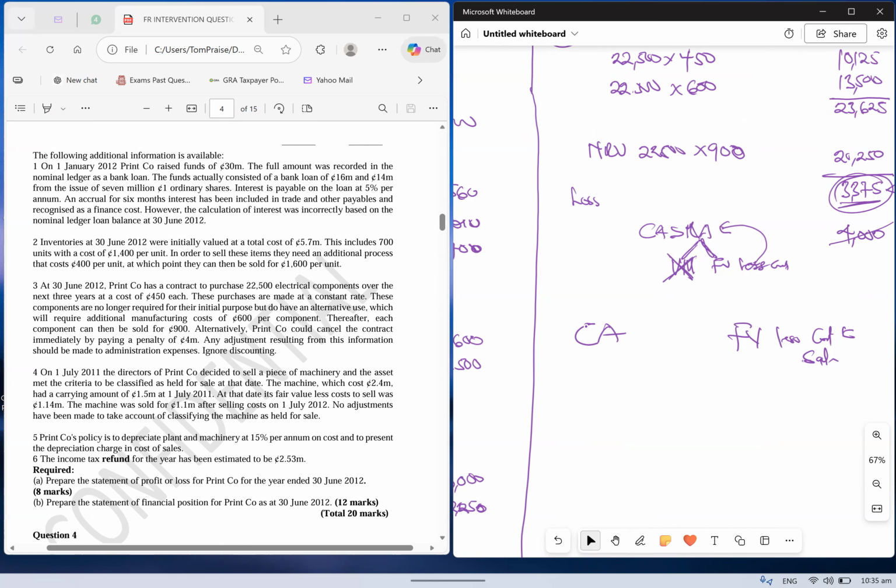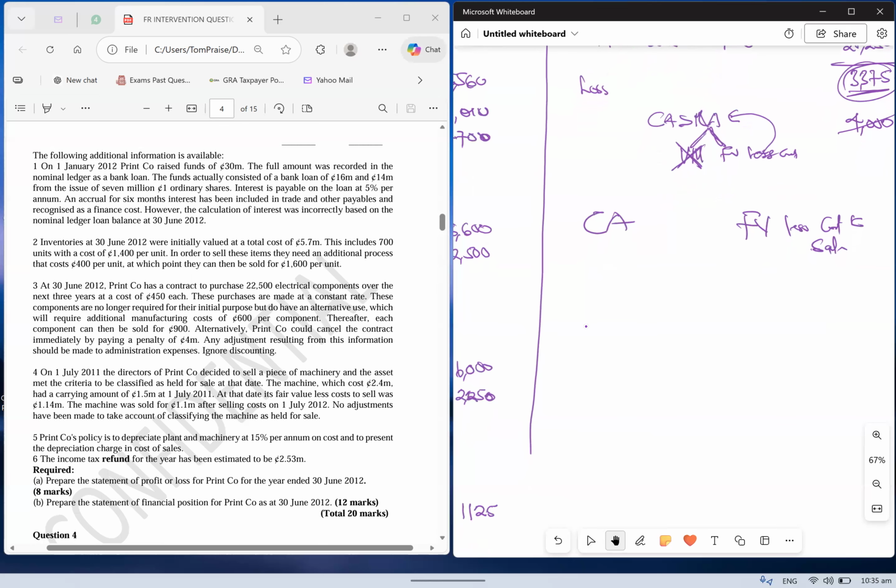So let's say they were going to sell a piece of machine. And they classified it as held for sale. The machine had a cost of 2.4, but the carrying amount is 1.5. So you have 1.5 for carrying amount. Then it says that at that date, which is July, the beginning of the year, the fair value less cost to sell is 1.14.